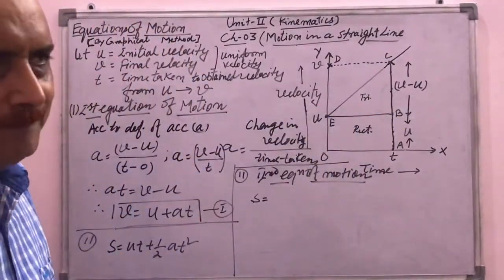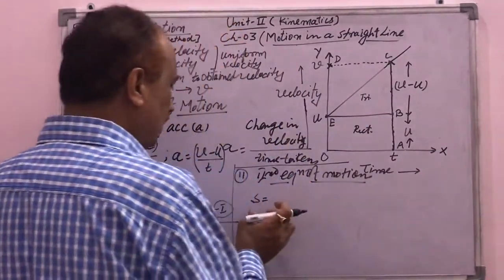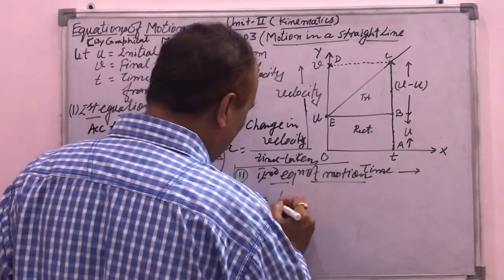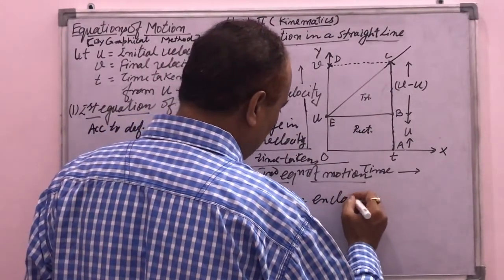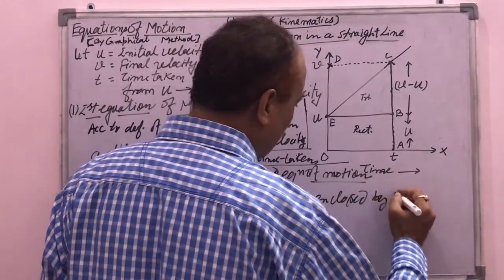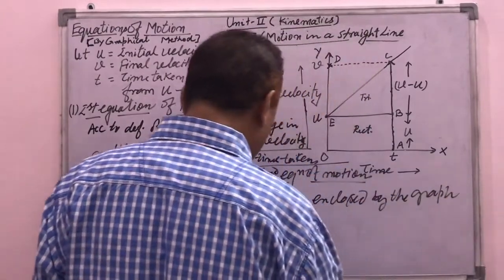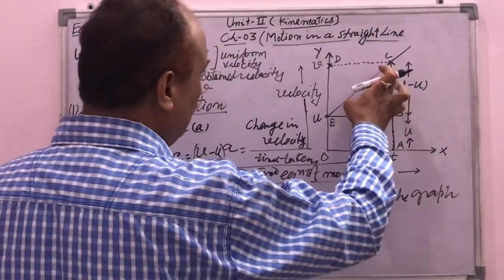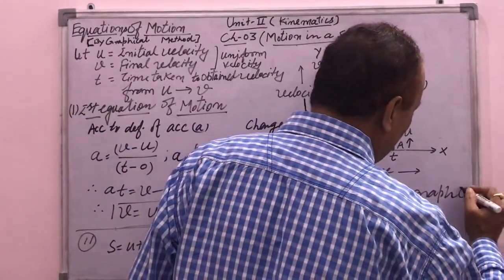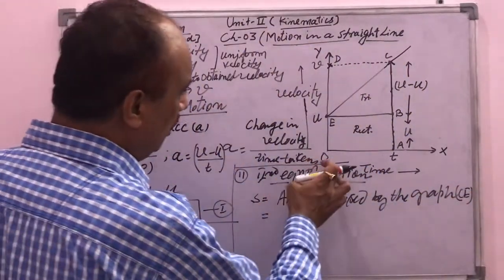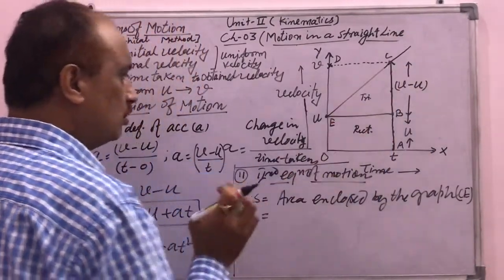This is the formula: the distance traveled by the body in a velocity-time graph can be found from the area enclosed by the graph. So the area enclosed by the graph is the total area OACE.